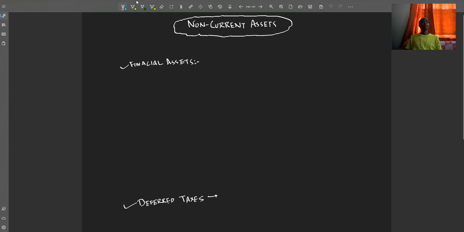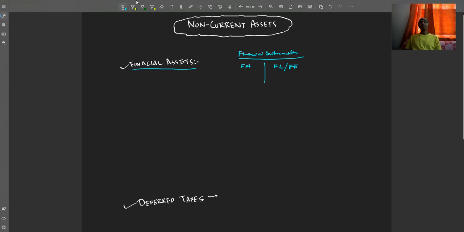So friends, now we discuss financial assets. Under IFRS, a financial instrument is that instrument which creates a financial asset for one entity, and at the same time creates either a financial liability or an equity instrument for another entity. So this is how financial instruments are defined. Now, how do we report them?